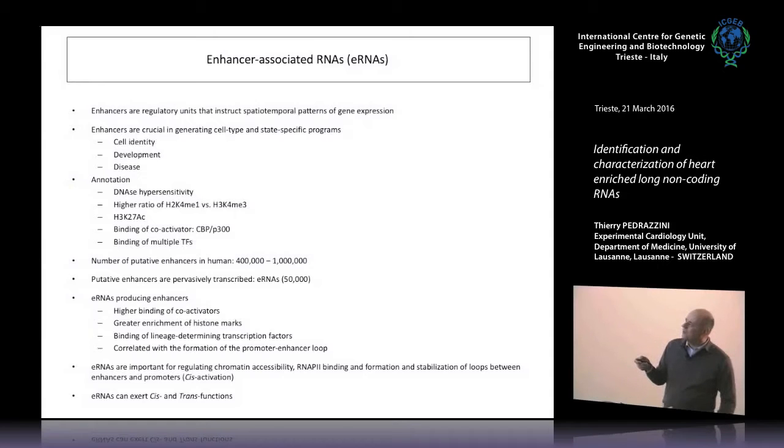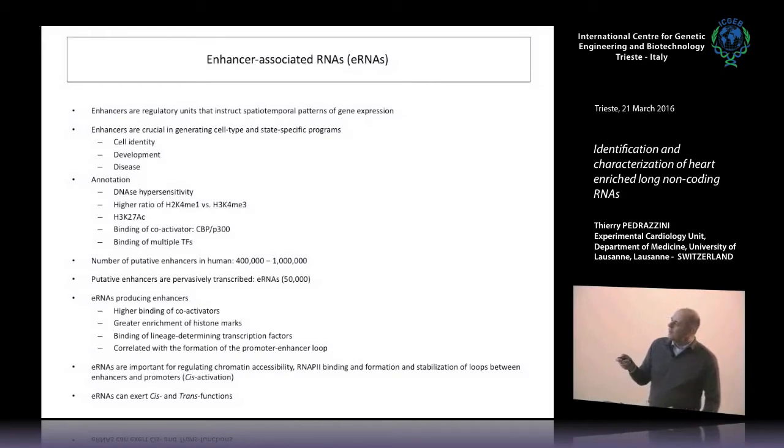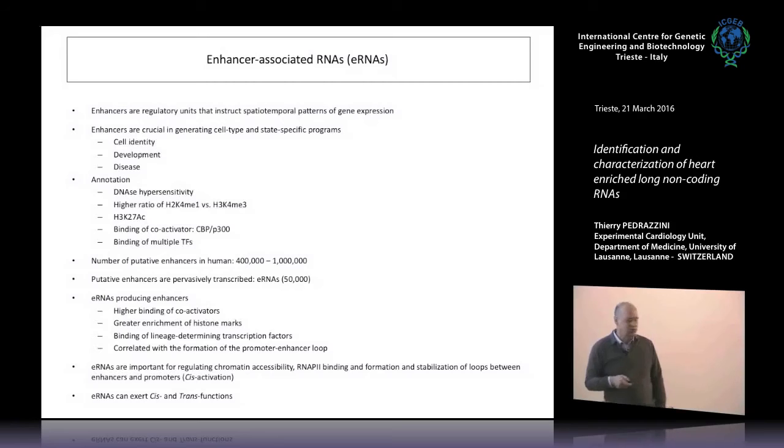Hypersensitivity to DNase, they are associated to a higher ratio of H3K4 monomethylation versus H3K4 trimethylation. When they are active, they are also associated to H3K27 acetylation. They bind co-activators such as P300, and they bind multiple transcription factors.